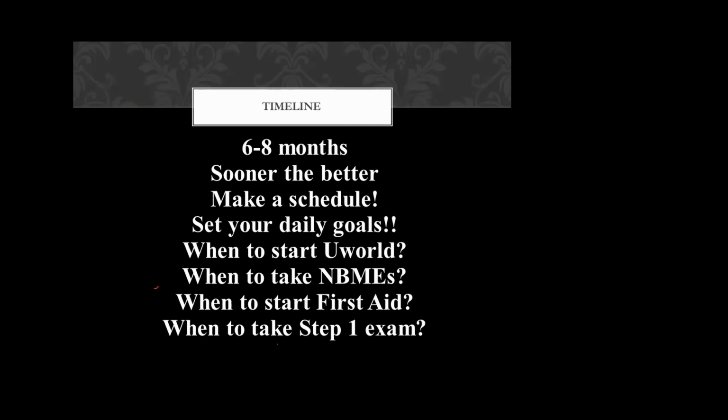Some universities give 3 months, some give 2 months. So it's really different for IMGs versus American medical graduates. We cannot compare an IMG's study schedule with an AMG's because it's totally different. For IMGs, mostly because their curriculum is different, they have their own timeline.